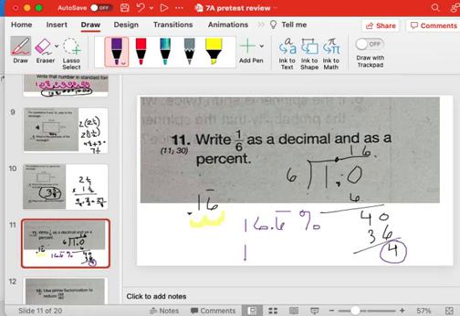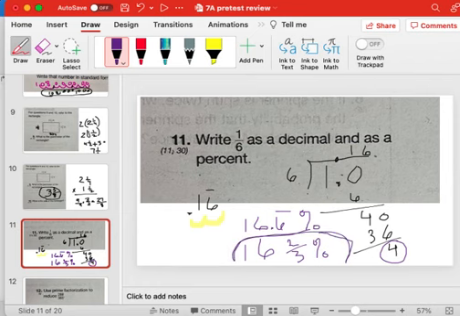So 16 and 2/3%. Does everybody understand that we don't leave a repeated number in a percent? We change it to a fraction. 4/6 is 2/3. So 16 and 2/3% is the percentage.